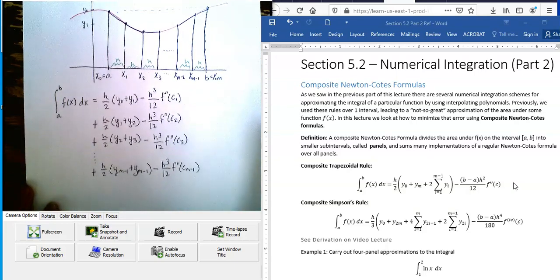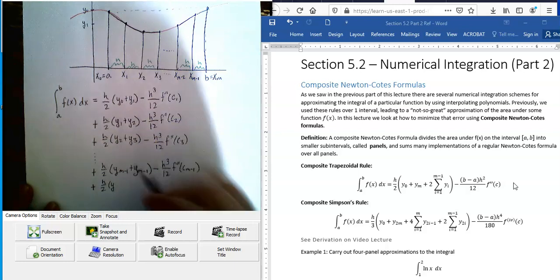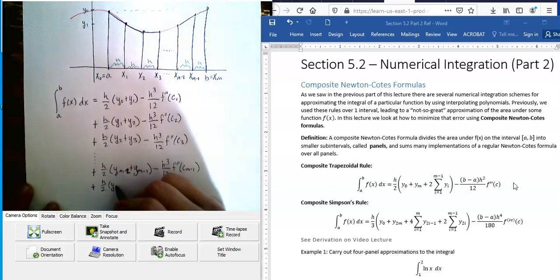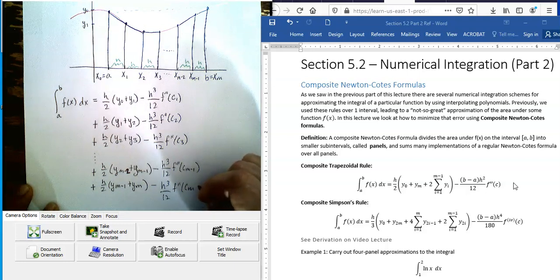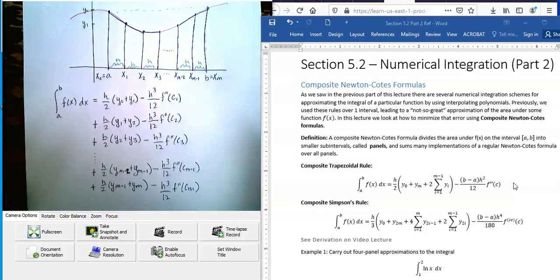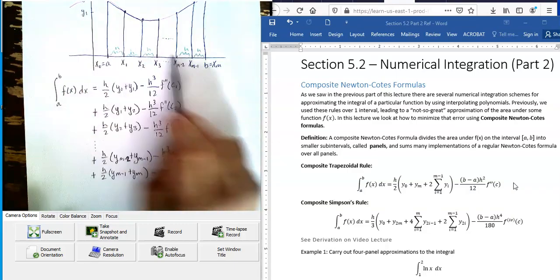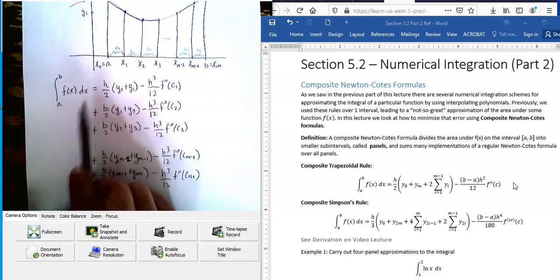And then finally, our last one will be h over 2, y m minus 2, by the way, m minus 2, y m minus 1 plus y m minus h cubed over 12, f double prime of c m. So this is the sum of all of those panels, and with the error terms accounted for, it gives us the value of this integral exactly.